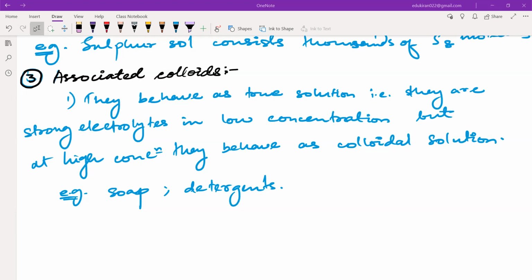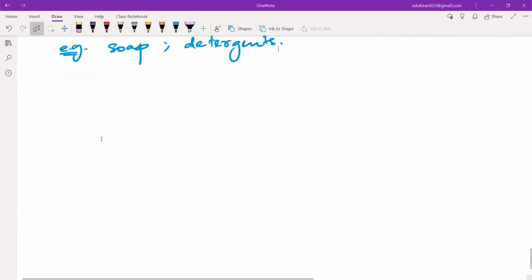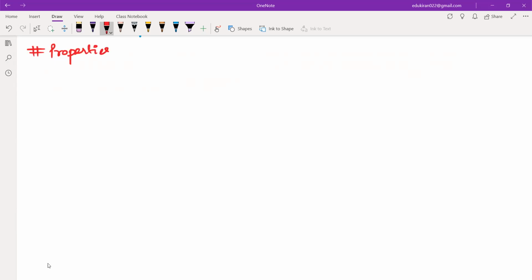Okay, let us write the topic, that is Tyndall Effect and Brownian Motion. You have to be taught both of these. Properties of colloids. I need an image for Tyndall Effect.